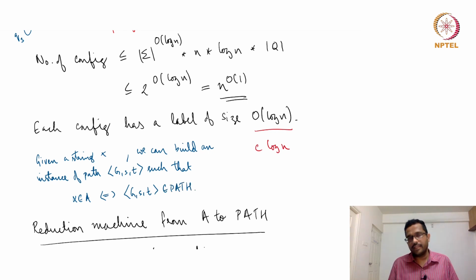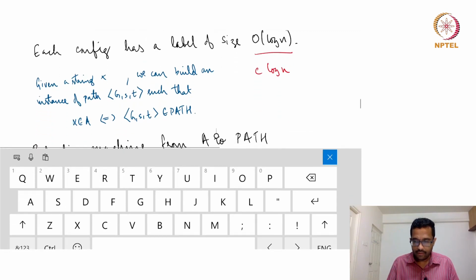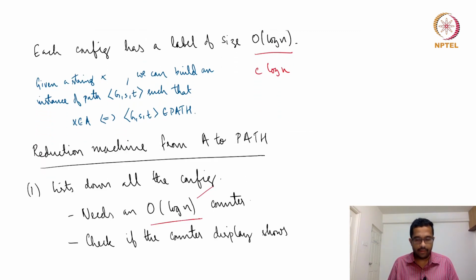So the idea is G is a configuration graph of the NL decider for A, S is a starting configuration, and T is the unique accepting configuration.